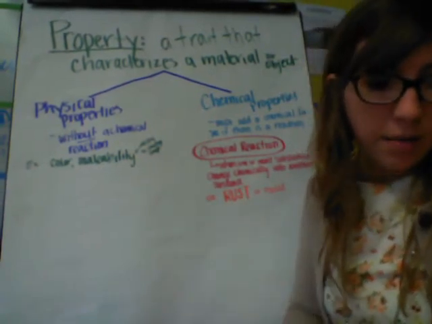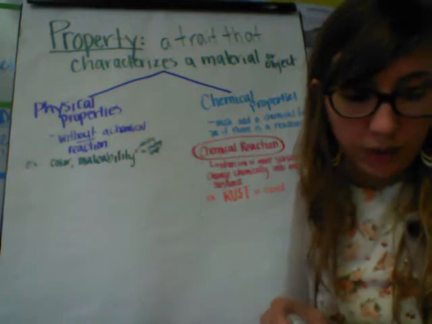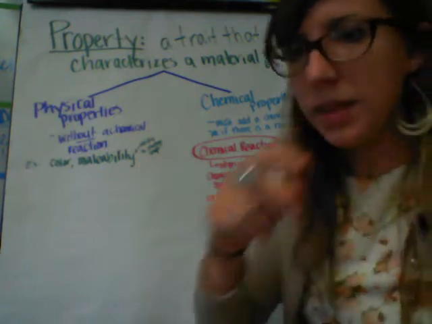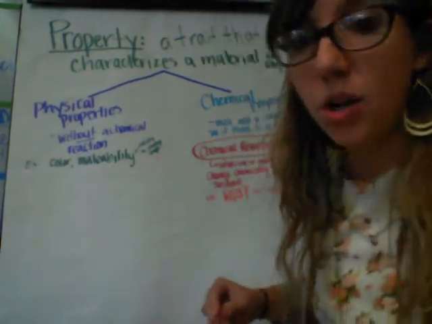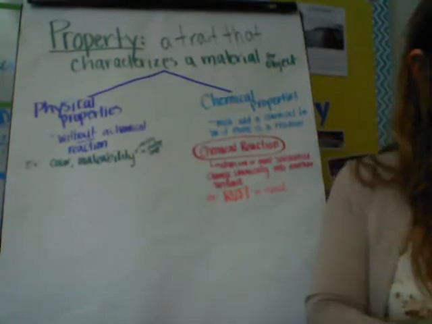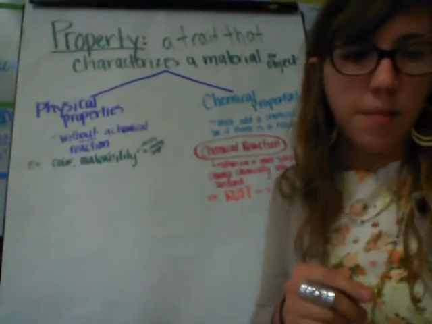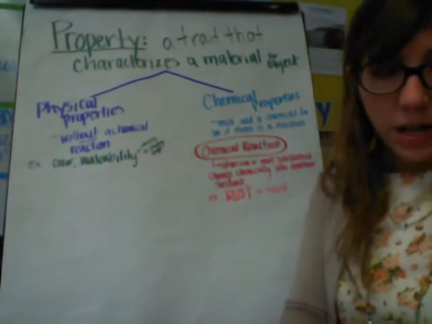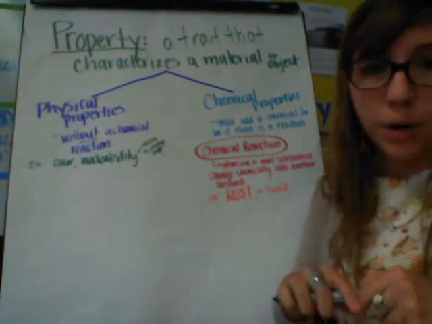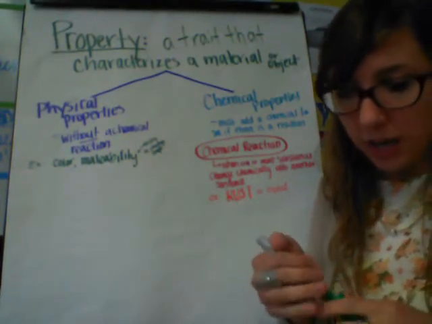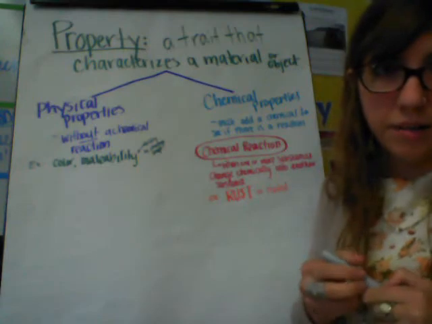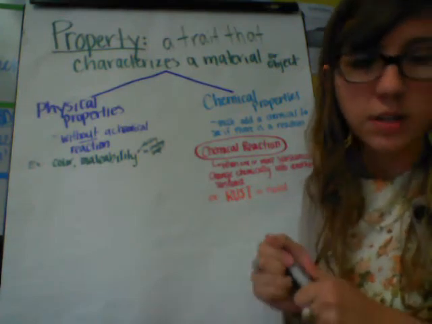Okay? That is really important. But one thing that you guys need to know, especially for the lab, is I'm going to give you some examples of different properties that you're actually going to be looking at here, and then you'll need to know these for your lab.